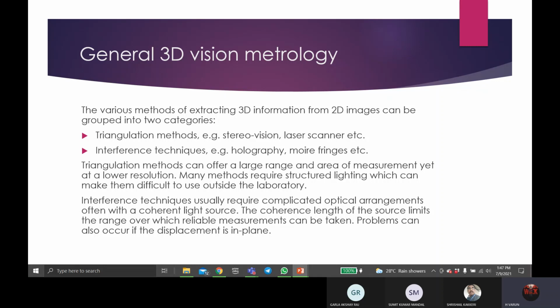Problems can also occur if the displacement is in the plane. In interference techniques, it is very important that we have coherent light, used in a closed room or closed surface with less ambient light, which suits minute manufacturing of small materials that can be done with 3D vision metrology.